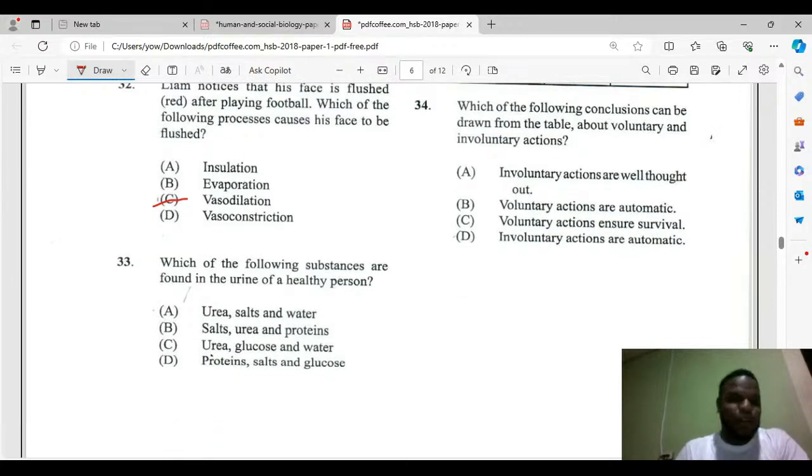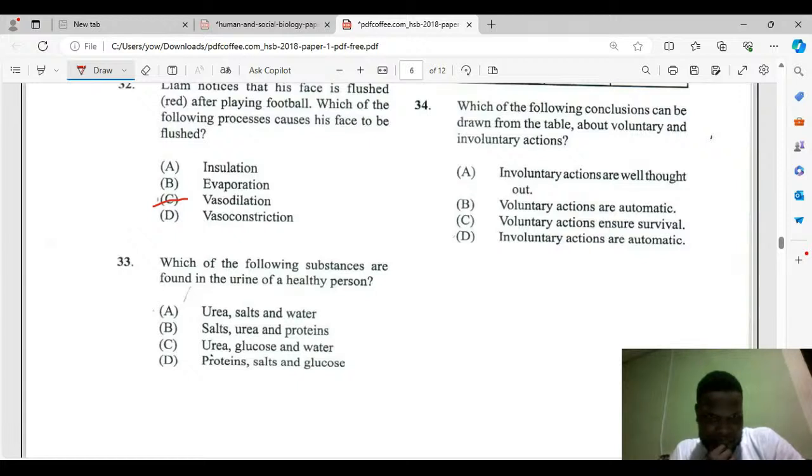Which of the following substances are found in the urine of a healthy person? Is it urea, salt, water; salt, urea, protein; urea, glucose, salt? Which one of them is found in a healthy person? You're saying A, it is salt, water, and urea.